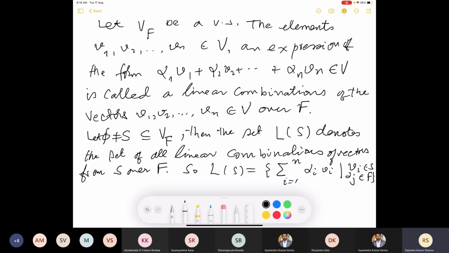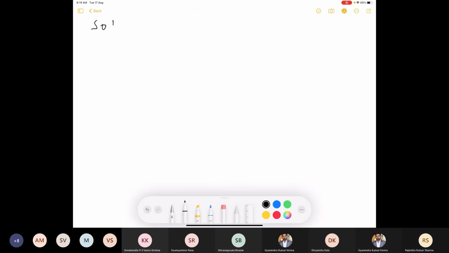So all possible linear combinations of vectors Vi from S over F is called the linear span of S in V over F. And naturally, therefore, LS is a subset of V.